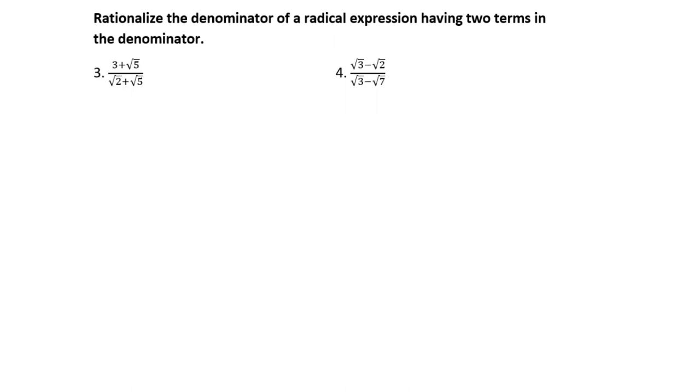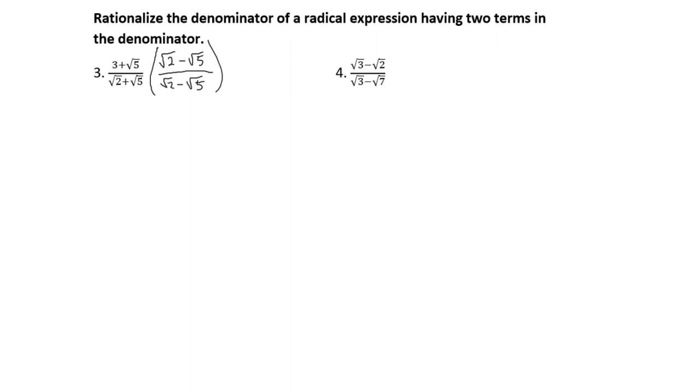All right, so here we're going to multiply by some conjugates again. So here we're going to multiply by square root of 2 minus square root of 5 on top and bottom. Now, since I'm multiplying by 2 terms on top and bottom, what I typically like to do is just somewhere on the side do that math, so I'm not having to rewrite a bunch of things a bunch of times.